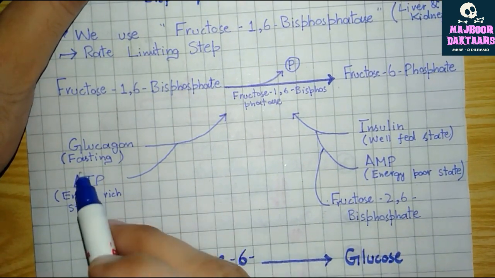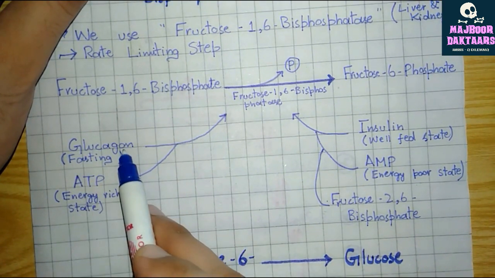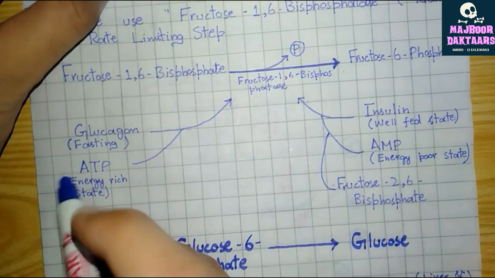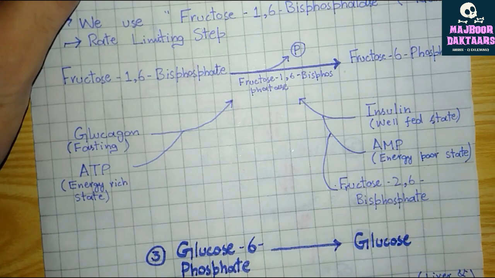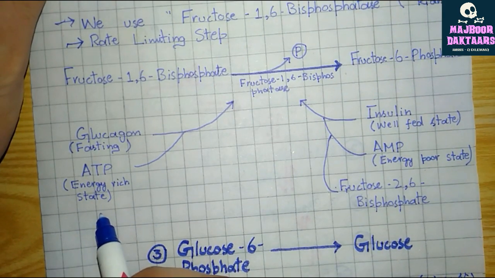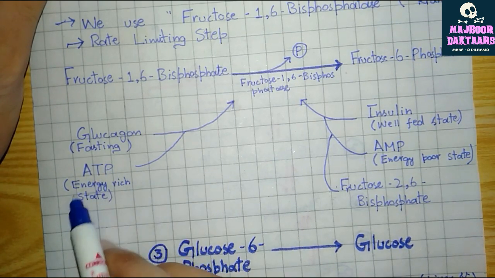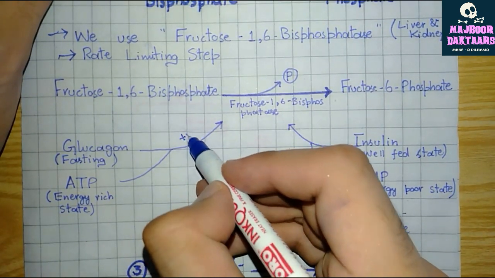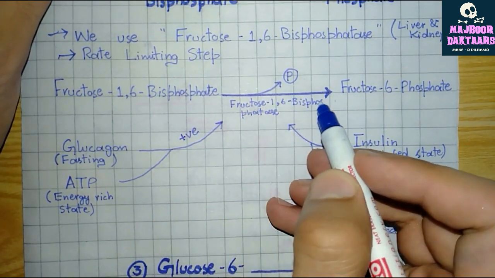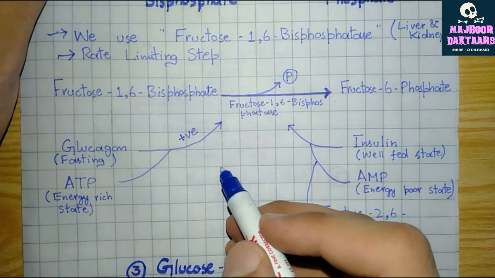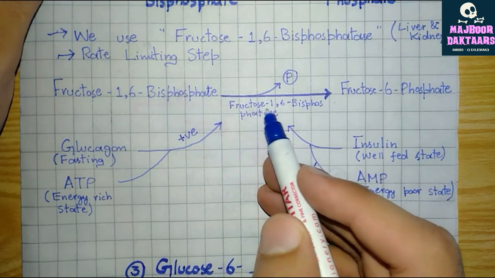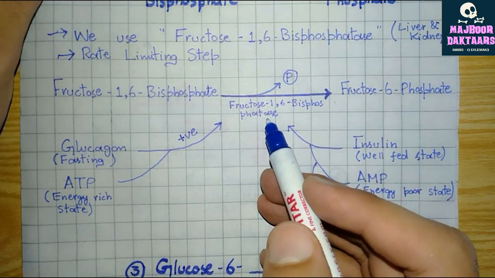Now here is a good summary. Glucagon, which is produced during fasting, when gluconeogenesis also occurs, and ATP, since a lot of lipolysis is occurring during starvation and fasting, that is the energy rich state, both of these cause a positive allosteric effect on fructose 1,6-bisphosphatase, enhancing its capability.